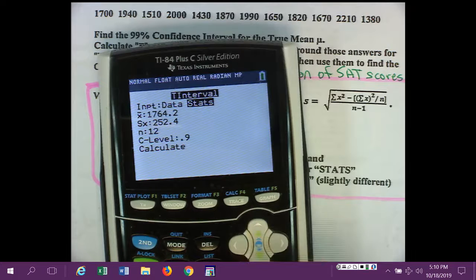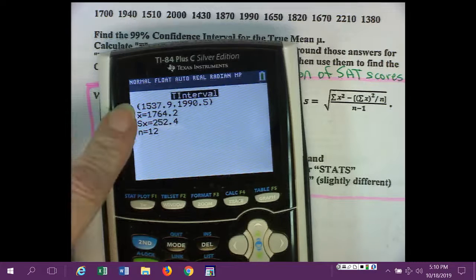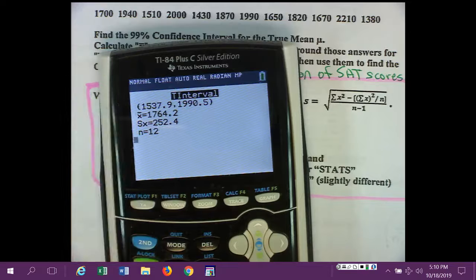Sample size is 12, and the degree of confidence was 99%. This will allow the TI-83/84 to more closely match up with what we did by hand and template with a basic calculator. You see you have 1537.9 to 1990.5, and that is exactly what we got by hand.